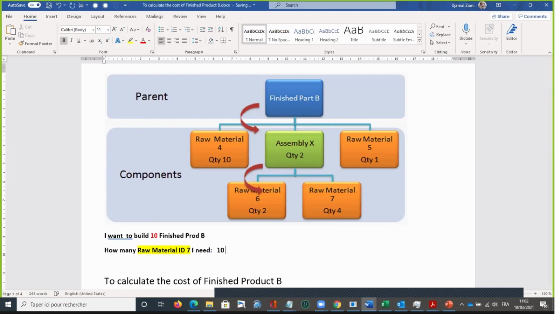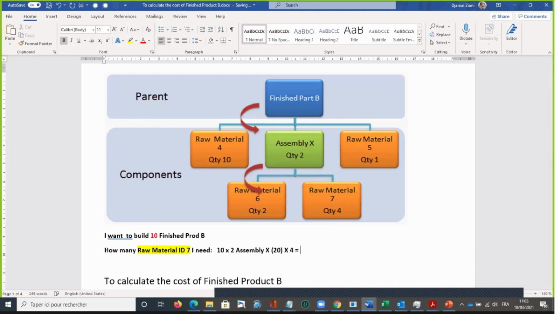First of all, you need 10 multiplied by 2, assembly X, right? So this means you need 20. One assembly X needs 4 of raw material 7. So after this you multiply it by 4.